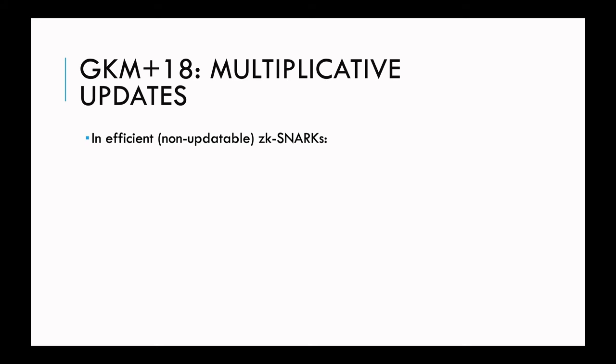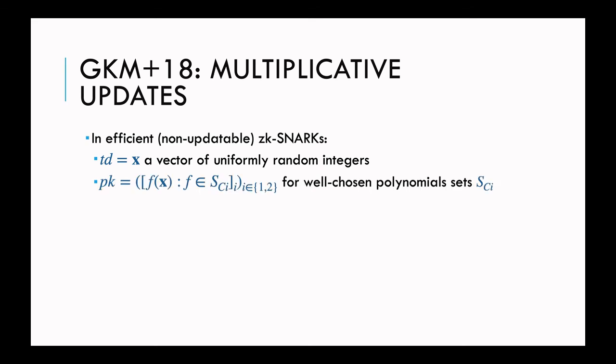In the case of SNARKs, you have multiplicative updates. In those existing non-updatable SNARKs, the public key is equal to the evaluation of some polynomials at the trapdoor vector in the exponents.